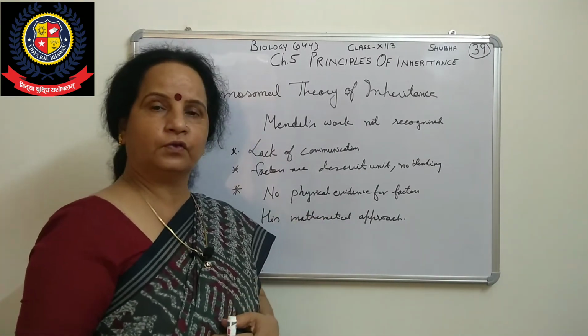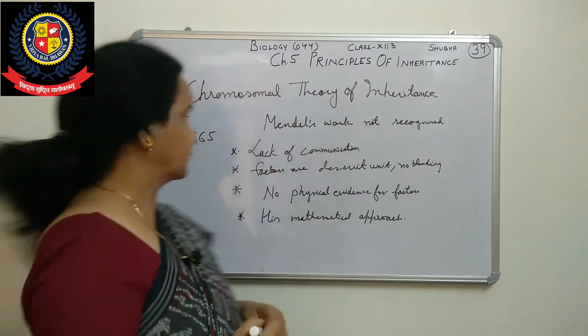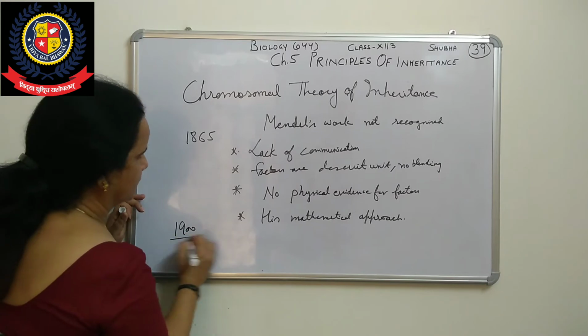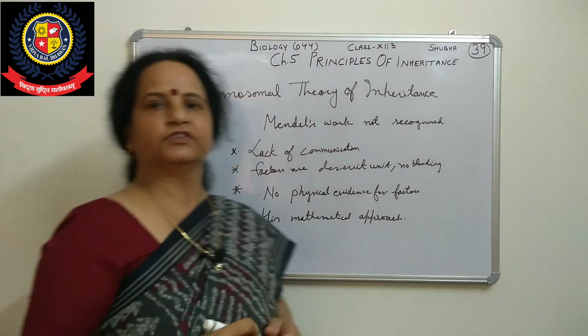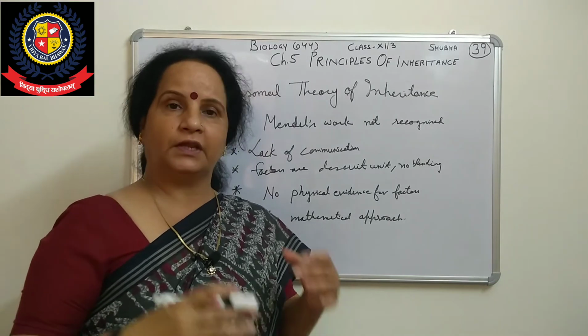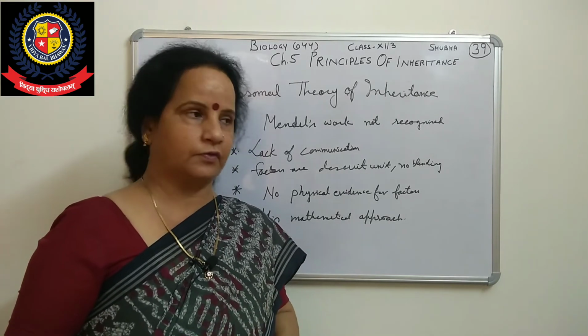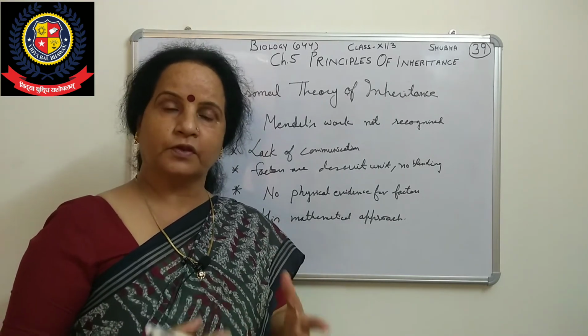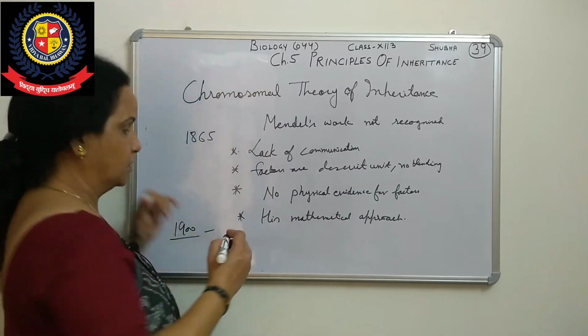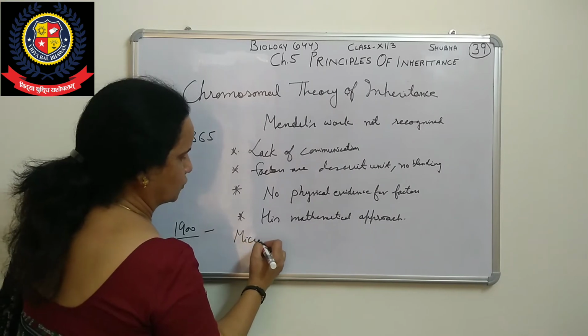Later on, in 1900, after 1865, the microscope, the electron microscope, was invented. Then they studied the nucleus and then the chromosomes. After 1900 they knew about the microscope and chromosomes.